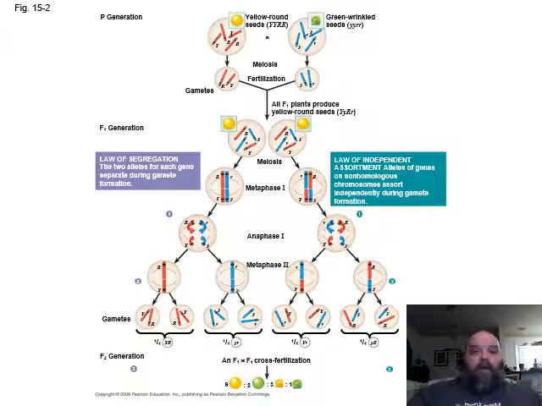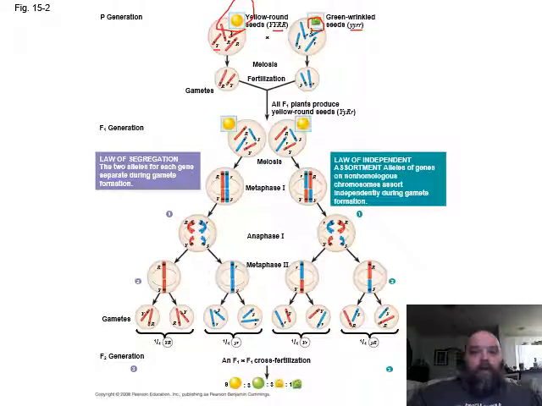So when you go and look at Mendel's work, you can see what he talked about, his yellow round, his green wrinkled: big Y, big Y, big R, big R crossed with homozygous little y, little y, little r, little r.